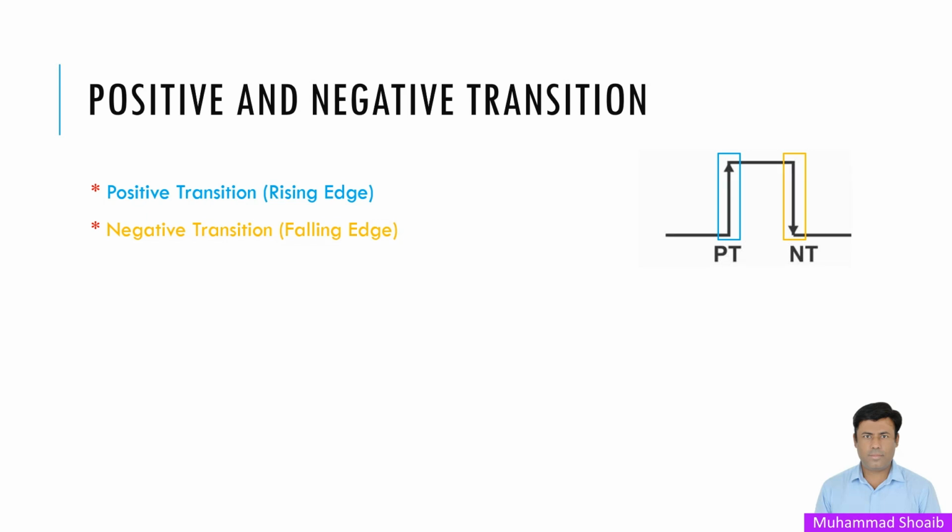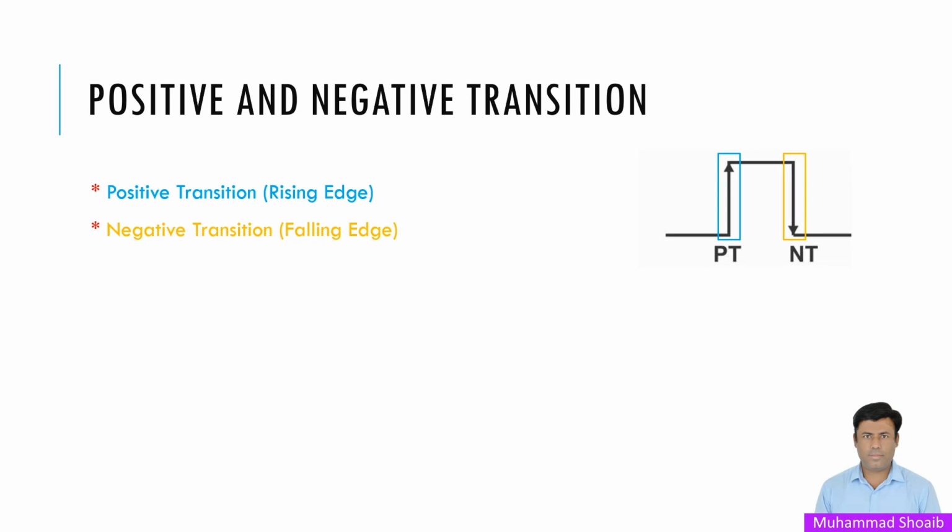For instance, a positive transition edge can start a motor with a single button press, while the negative transition can turn off an alarm once the button is released. These are essential in cases where you want to control actions based on momentary changes in the signals, making your logic more efficient and reliable.